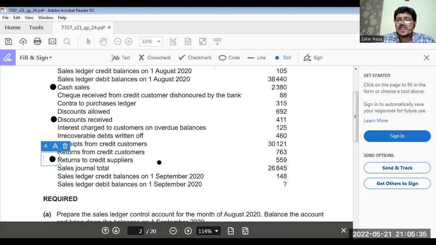These are the items which are not part of the sales ledger control account. We have to be very careful about that.